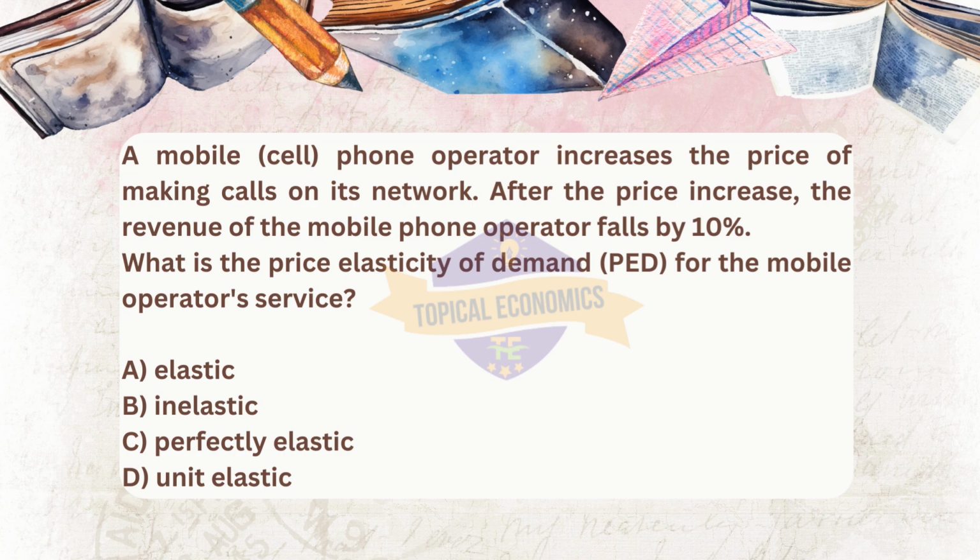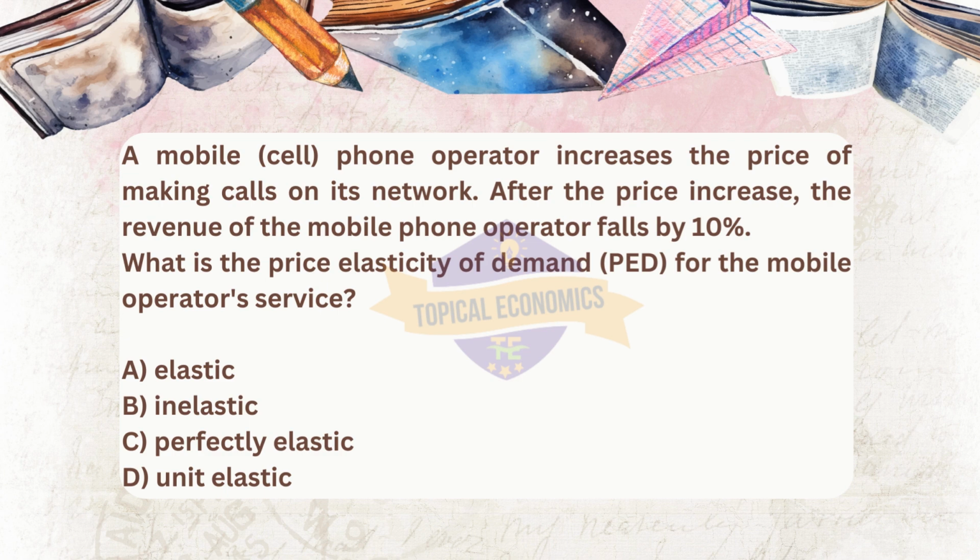To determine the price elasticity of demand, PED, for the mobile operator service, we can analyze the relationship between the change in price and the change in revenue. It is given that the price of making calls increases. The revenue of the mobile phone operator falls by 10%.